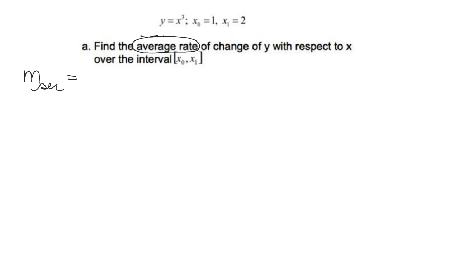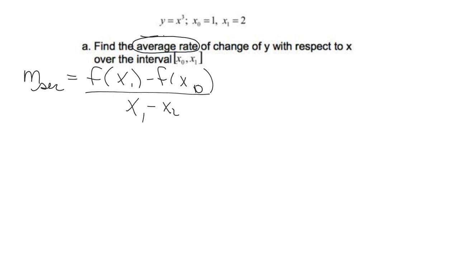So that's going to equal f of x sub 1 minus f of x sub 0 over x sub 1 minus x sub 0. That's the equation we're going to use for our average rate of change.